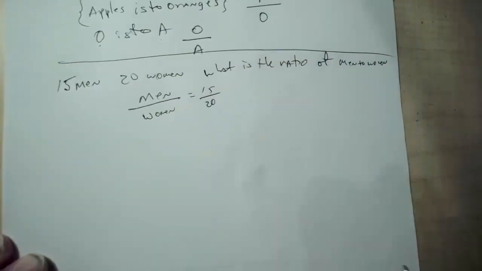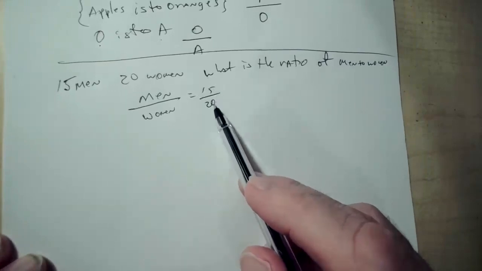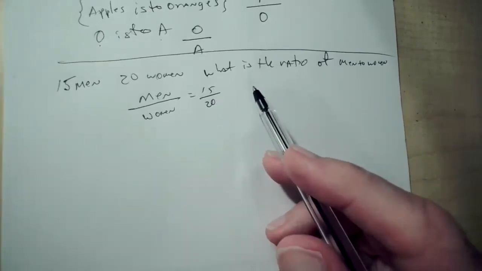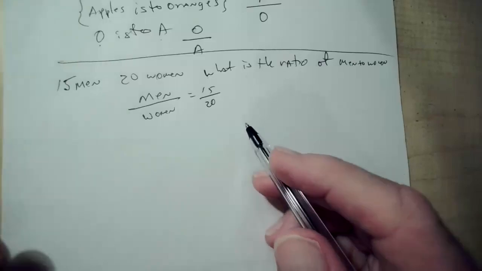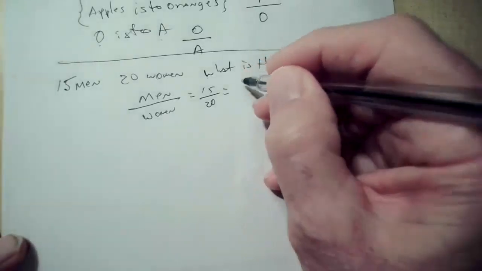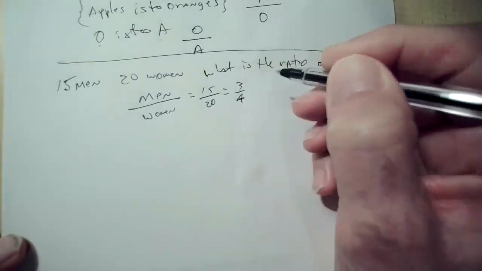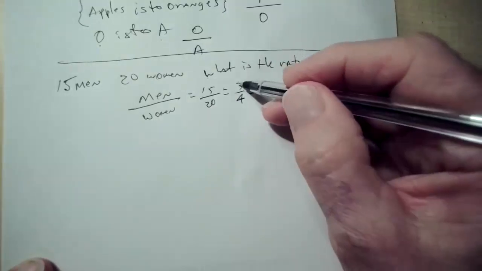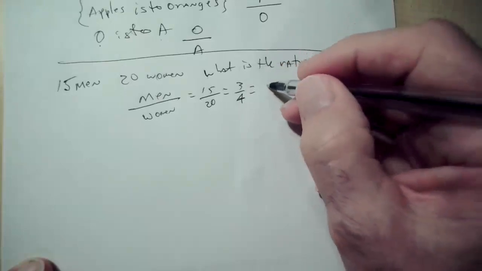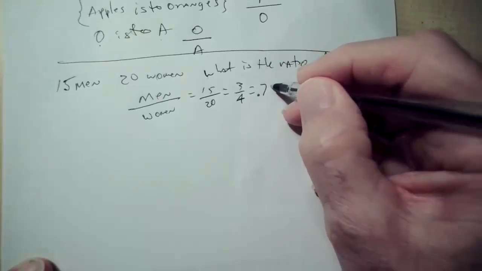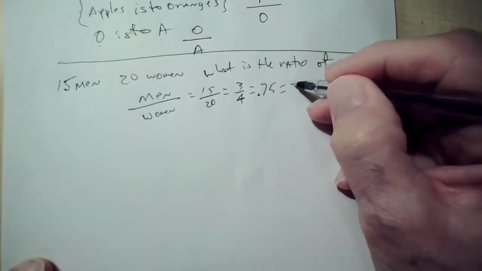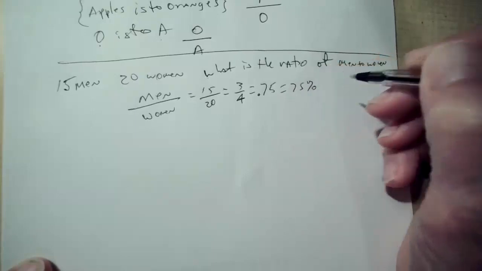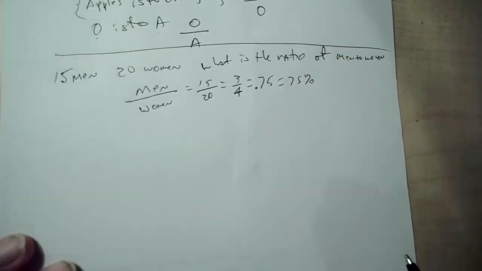Now we can reduce this fraction because they both end in 5 or 0, so we know that they are divisible by 5. So it's going to be 3 over 4, which is also 3 divided by 4, which is 0.75 or 75%.